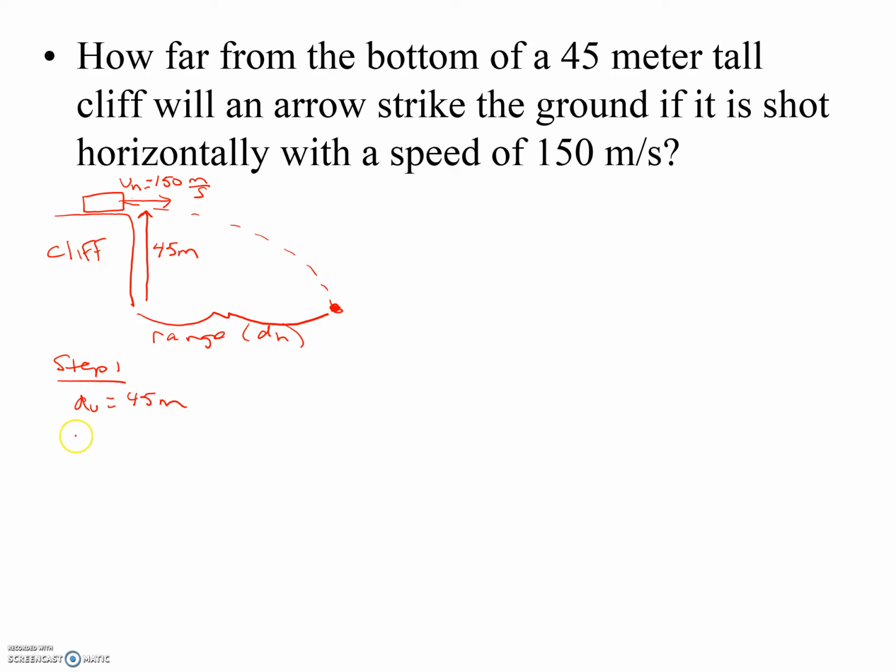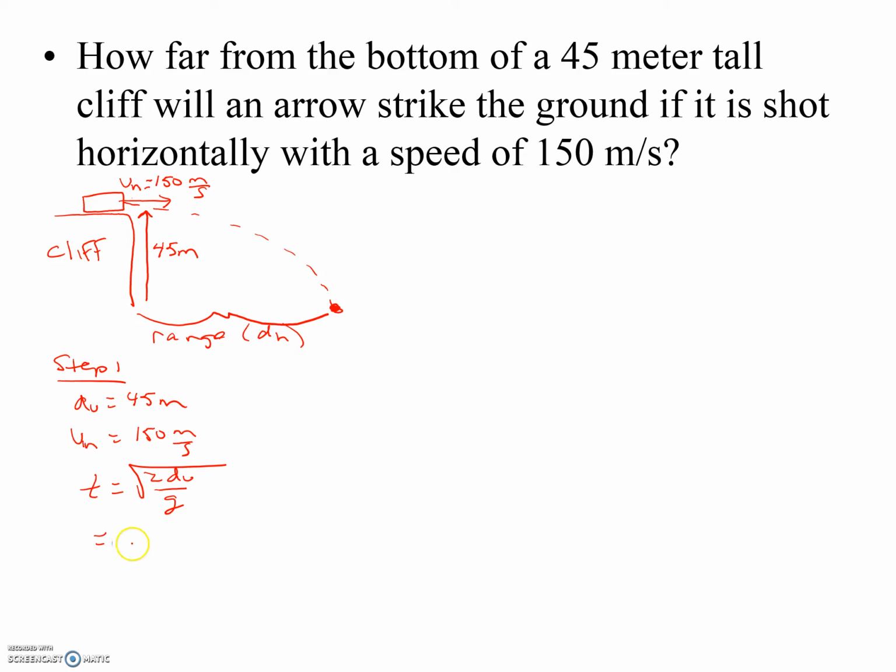We know that our horizontal velocity is 150 meters per second. So we're going to take our equation time equals the square root of 2 d v over g to calculate the time that our arrow is in the air.